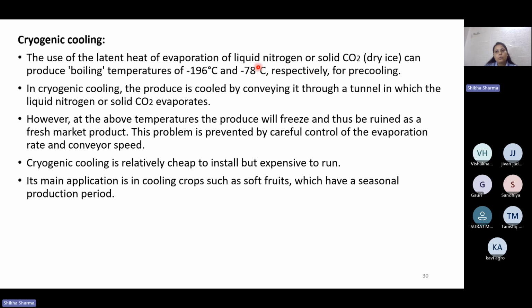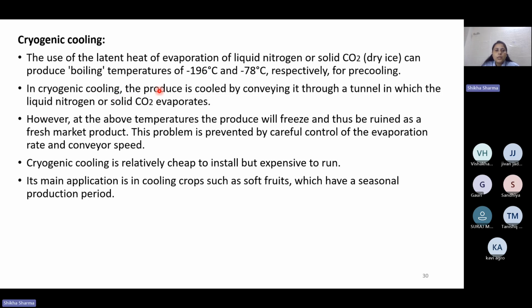Since we need to remove heat from the product, they take heat from the food product and they themselves boil.